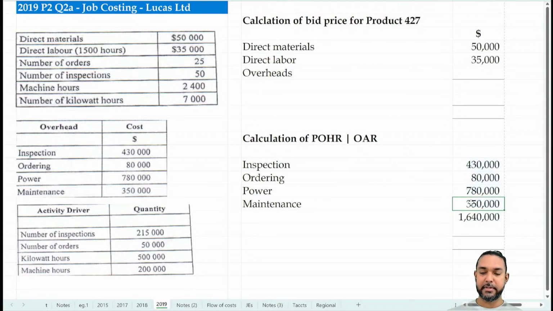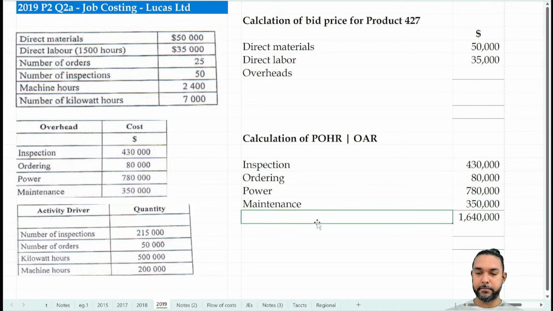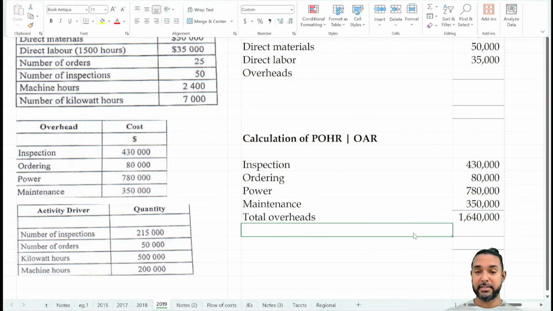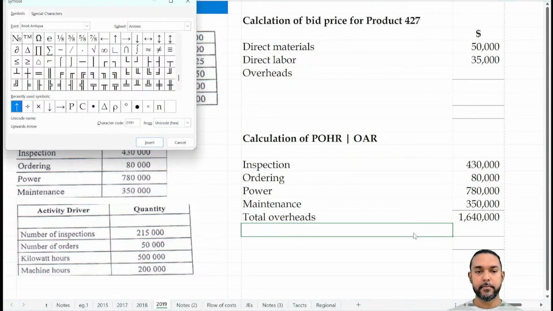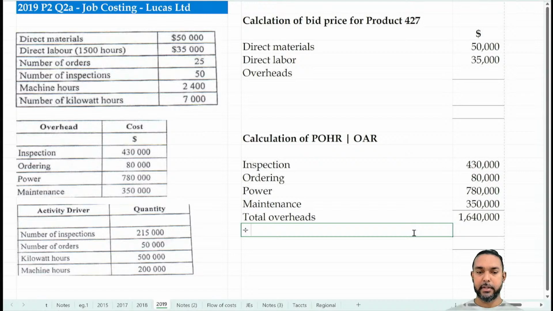Now, last year I actually put that in one line, so you can do that to save some time, to be honest. And in an exam, saving time is kind of part of the name of the game. And we're dividing by machine hours, which is down here, 200,000.